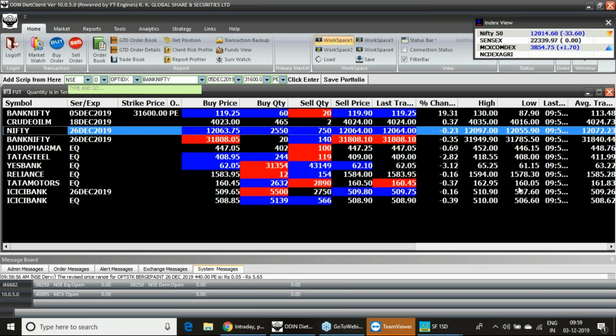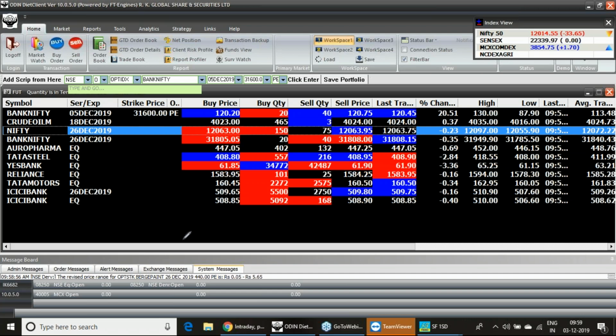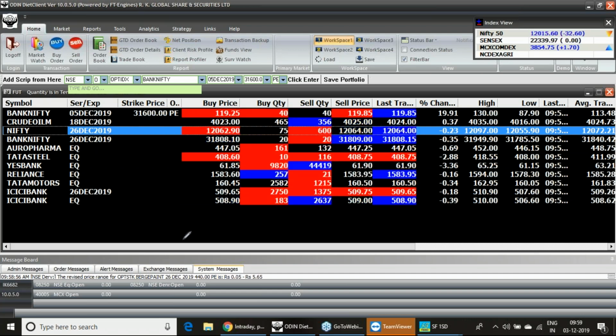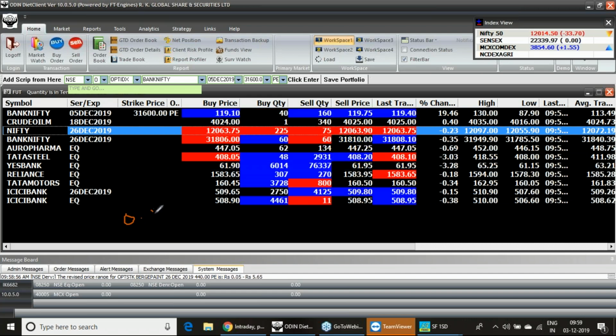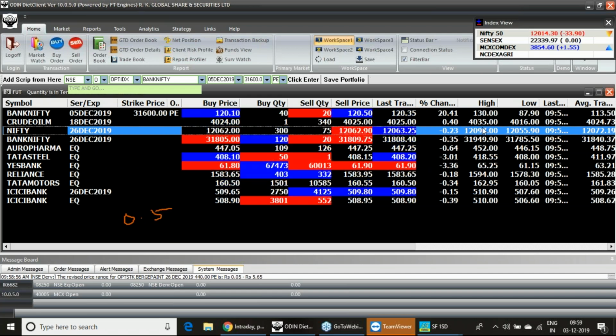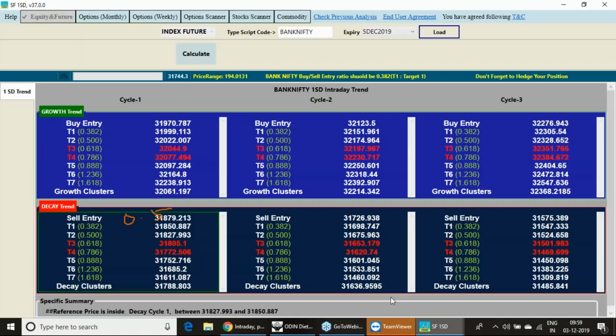Whenever the price finds resistance or support at the 0.5 retracement level of your calculation. So you have done equity calculations here. What is the 0.5? 32,022. Here 0.5 is also 31,827.